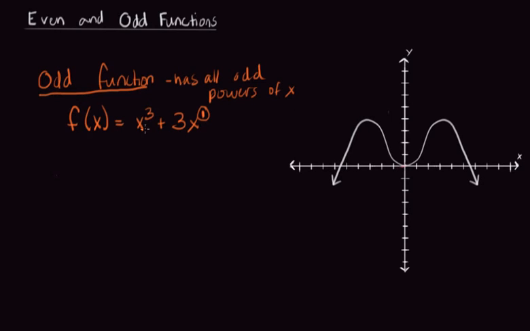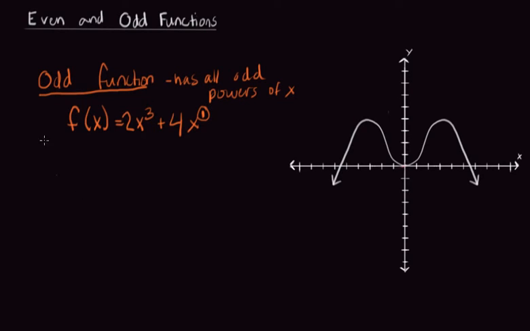So as long as it has all odd powers of x. Now notice, this could be 4x. The coefficients don't have to be odd numbers. Even numbers are okay, this could even be a 2, just as long as all the powers of x are odd.